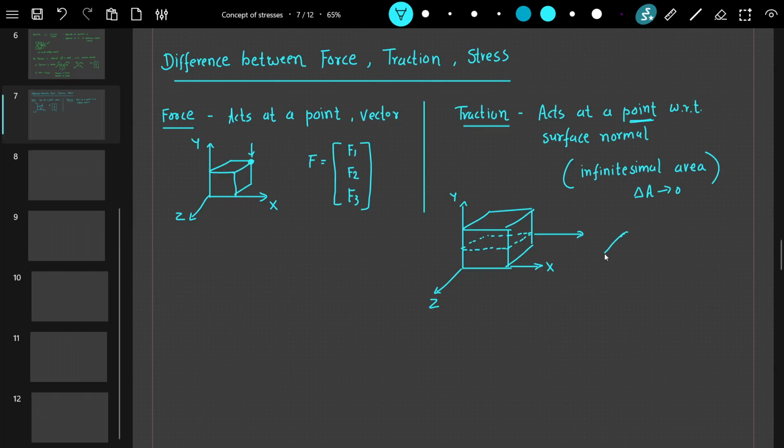This is a cut section, and this is a traction. This surface or cut section is defined by its normal n, and traction can be in any direction t. But this traction will have three components in xyz direction. Okay, so it can be resolved into three components: t1, t2, t3.